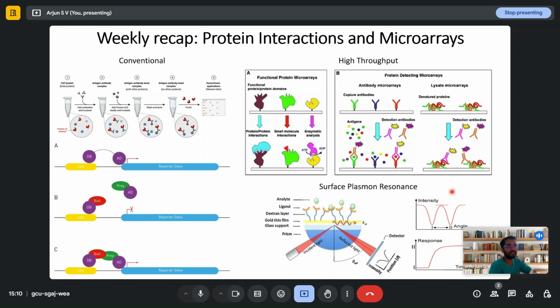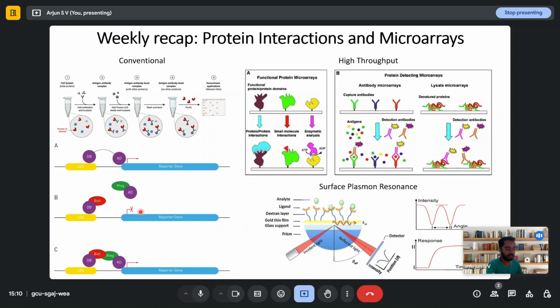So in protein interactions and microarrays, the course instructor started to talk about conventional low throughput techniques to study protein-protein interactions, namely immunoprecipitation, where you break your protein of interest into small chunks and you administer your antibody of interest, which is specific to your target protein, which causes the precipitation of the protein. And after that, you can take your protein and check for its presence using other semi-qualitative techniques like Western blot.